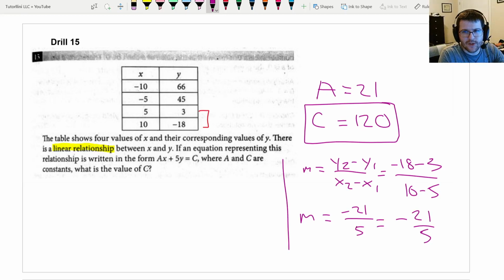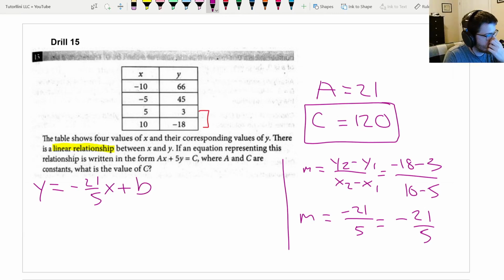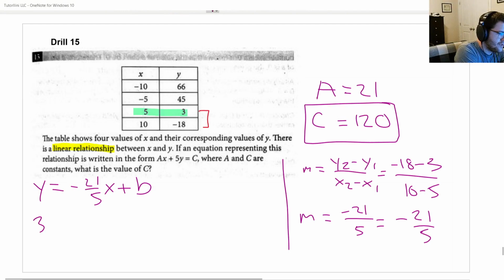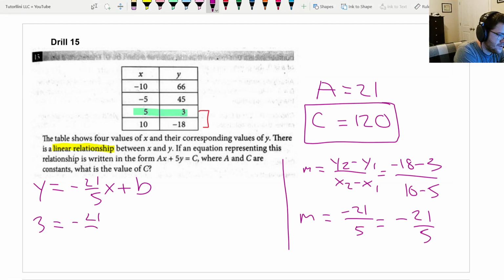We've been using the slope-intercept equation a lot, so why don't I do that? y equals negative 21 fifths x. I mean, we use point-slope. I don't know, just to mix things up, I'll use the slope-intercept equation. Okay, now I'm going to use this point, (5, 3). So 3 equals negative 21 fifths times 5 plus b.